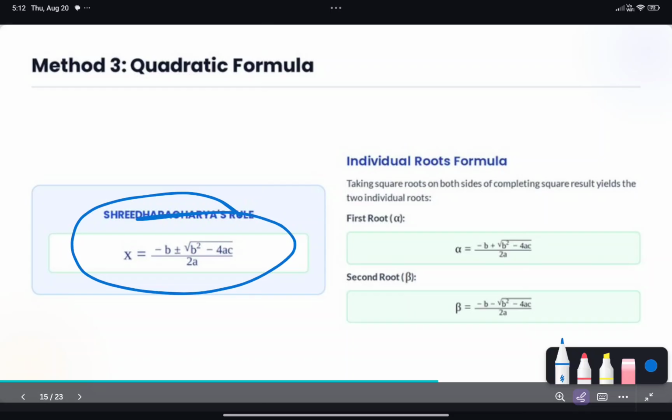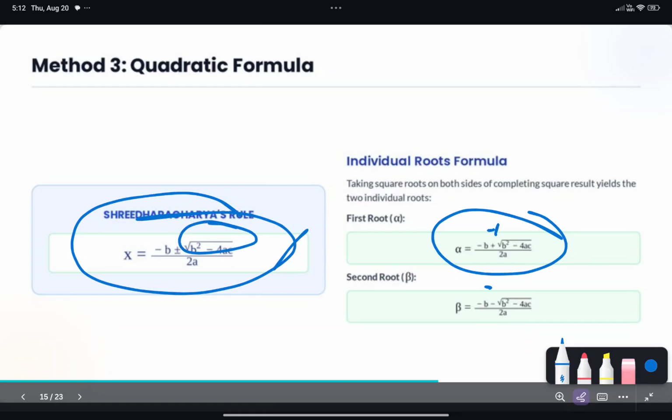That's the time we have to use this formula. Clear? First root, here the plus, here the minus, all the other terms in the formula remain the same. You have to remember this formula: x is equal to minus b plus or minus root over b square minus 4ac, by 2a.